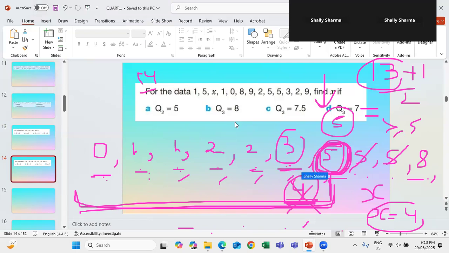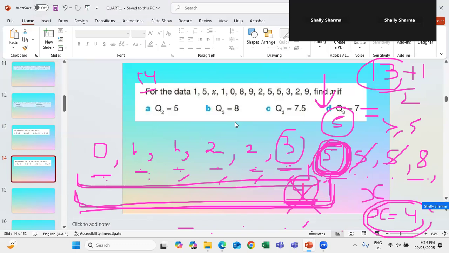There is no 5 before it, but to make it just 5, the numbers on the left should be less than that. If I take X as 4 or any number less than 5, then that number will come here. So then it will be at the 7th position and this 5 will go to the 8th position. But then our Q2 will be 4, and as per the question it is given as 5. So we cannot do it that way.